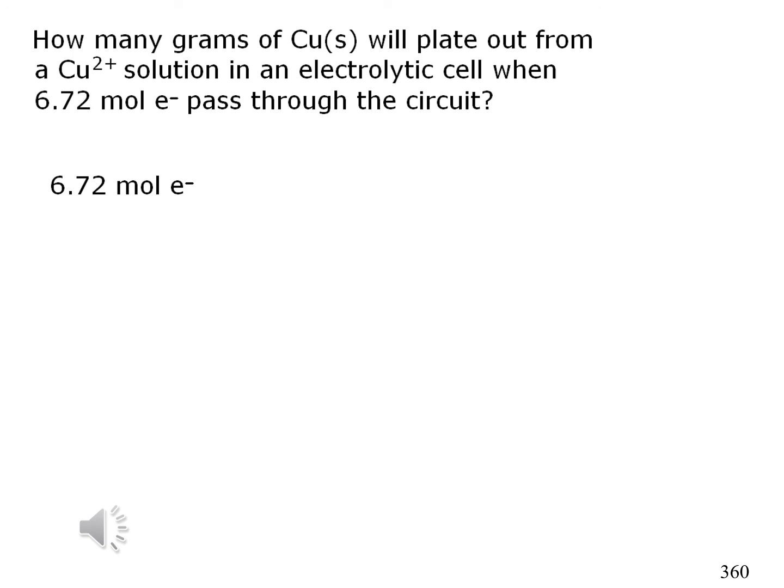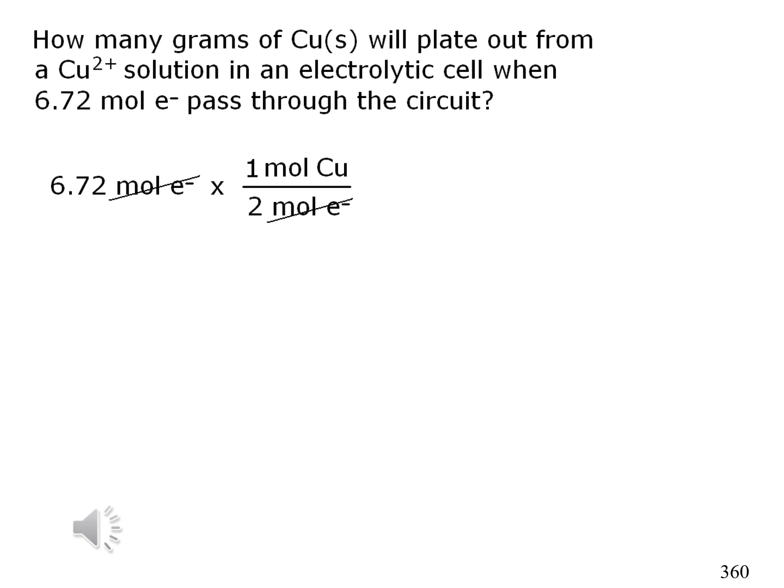And you have to use that to convert the number of coulombs to moles of electrons. I don't want to teach physics. If you do physics 151 or 204, you're going to get all these electricity equations. I'm just going to tell you how many moles of electrons go through the circuit. So we're going to say 6.72 moles pass through.